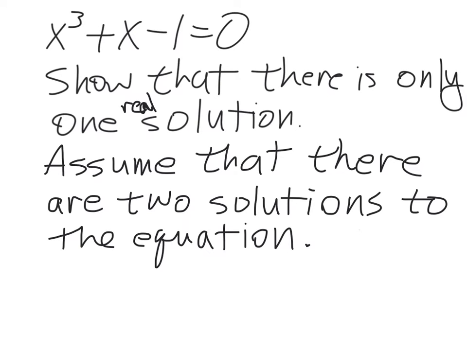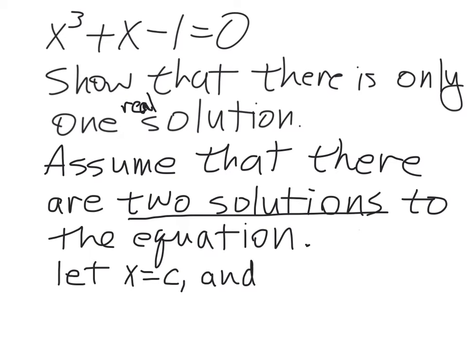We know there's a solution between 0 and 1, so we're going to show that there's exactly 1 by assuming first there's 2 solutions in there. So we're going to let x equals c sub 1 and x equals c sub 2 be these 2 solutions.